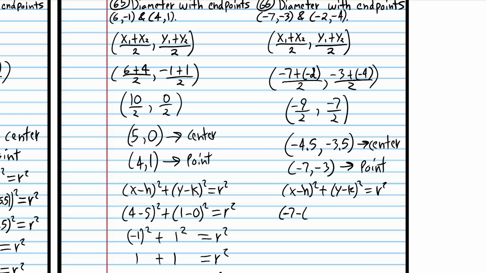So x minus negative 4.5 and y minus negative 3.5. I know this seems a little complicated with all this stuff, but this is really just basic arithmetic.